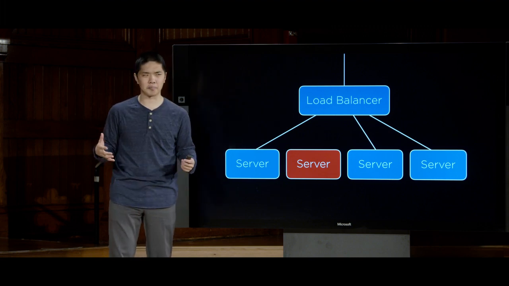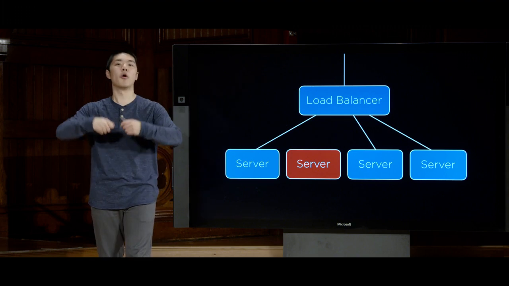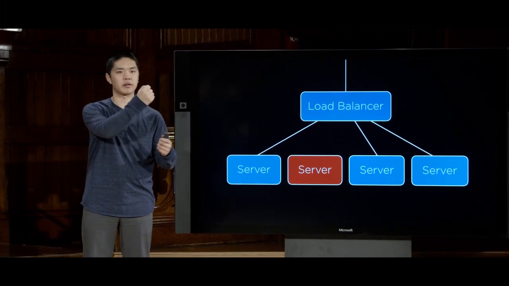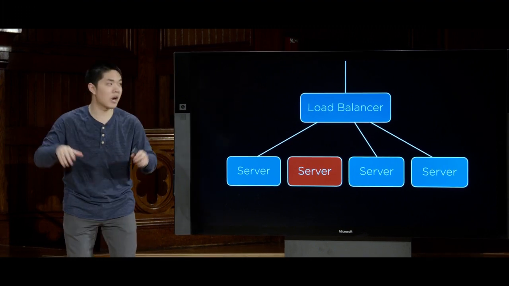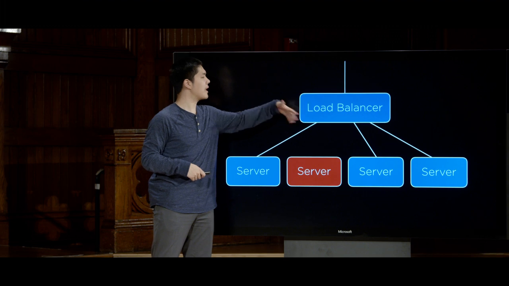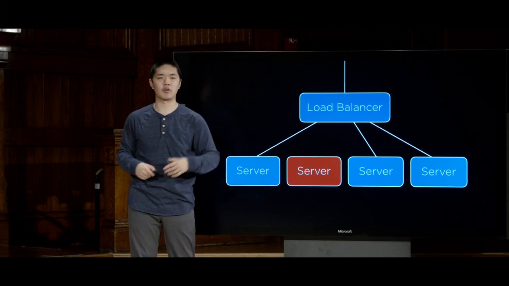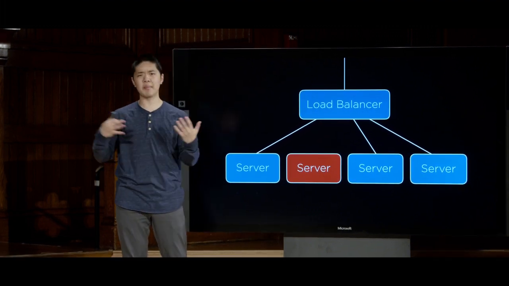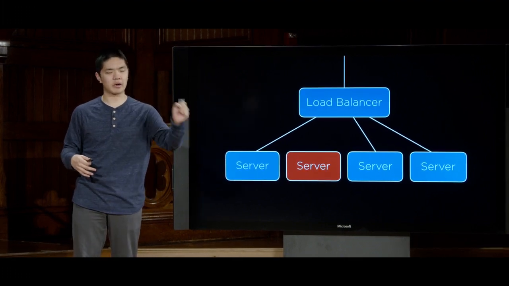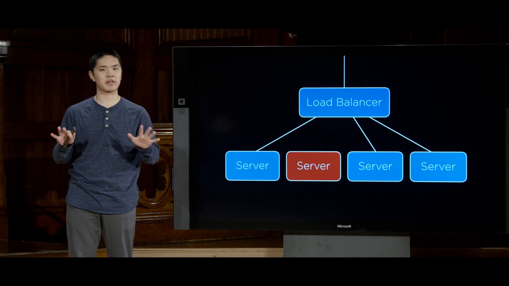And that's definitely true. And you might imagine instead having multiple load balancers, where if one load balancer goes down, another load balancer can swoop in, acting as a hot spare, where it picks up all of the traffic that was originally going to the first load balancer, and if it ever goes down, a second one is ready to take its place. And it might also be doing this kind of heartbeat process, checking up on the first load balancer, and if all is well, the second load balancer doesn't have to do anything.